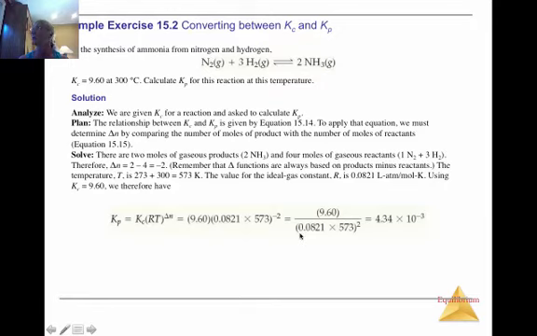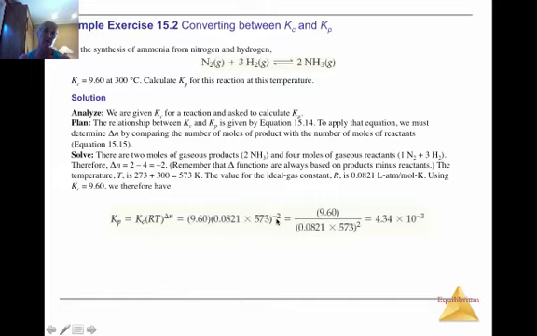And then the reason why we're squaring is because of this delta n, or change in number of moles. Let's look at what happened. We always go backwards in chemistry. We end up with 2 moles of ammonia, and we started with 4 moles total of nitrogen and hydrogen. So 2 minus 4 is a -2. That's where this little -2 comes from.